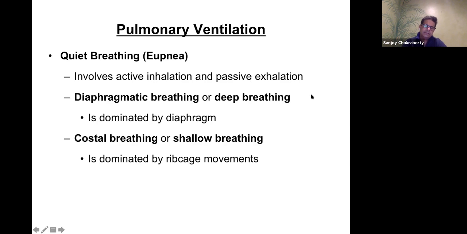What is passive exhalation? Passive means you actively contract the diaphragm, but you don't actively relax it. The muscle will relax by itself. So if you contract the diaphragm, spending ATP to do it, the muscle will automatically relax.